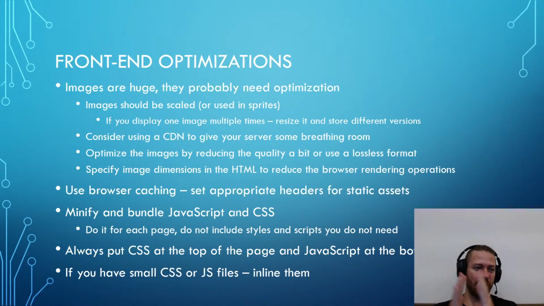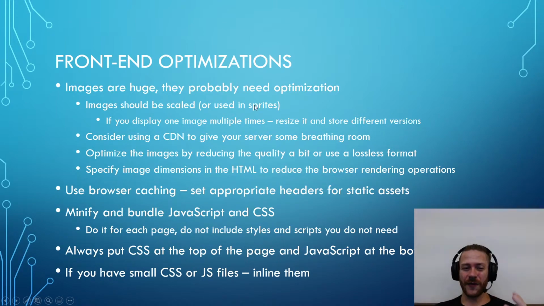Because if you have 100% quality and if you have 70% quality, the end user won't see the difference. 70 is a perfect number for quality percentage. And so the end user won't see the difference, but you will save 30% of the image size, or something similar to 30%. Resize images, scale them to the squares you need, and if you need the image multiple times, resize it multiple times. Just store different versions.